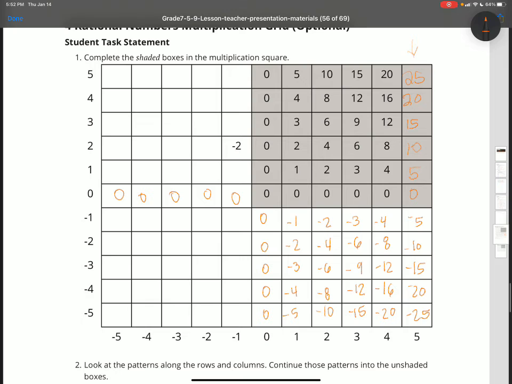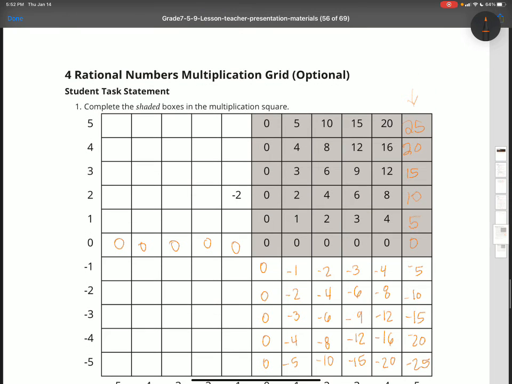So I could do the same thing on this side as well. Notice that it has a -2 already given to us. So we could do -4, -6, -8, -10. And then for the next one, it will be -1, -2, -3, -4, -5.